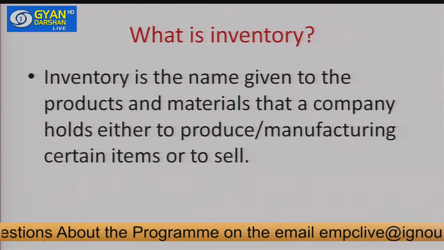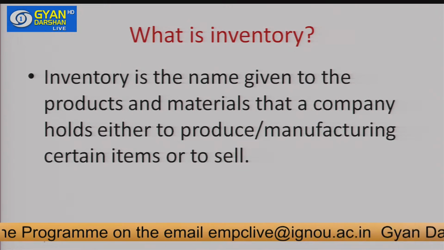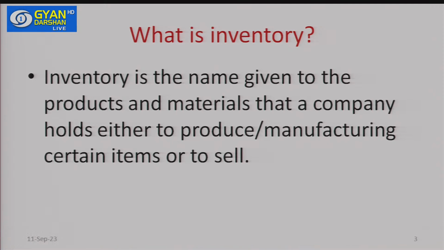So, inventory is the name given to the products and materials that a company holds either to produce or to manufacture certain items or to sell. If I take the example of a manufacturing unit or an automotive company, then they require various types of inventory.